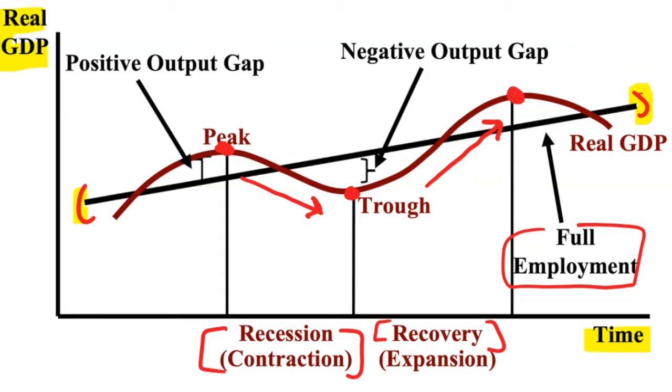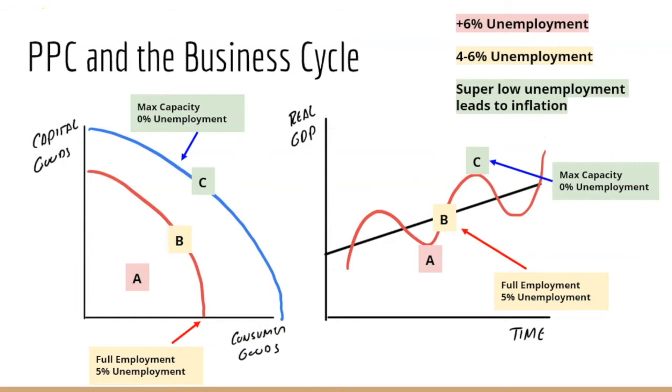This graph by itself isn't necessarily that difficult to understand, but one of the good things with macro is that all the graphs we're going to talk about are interconnected in one way, shape, or form. Right now we only really have two graphs that we talked about, the PPC and our business cycle graph. Our economy can only exist in one of three places.